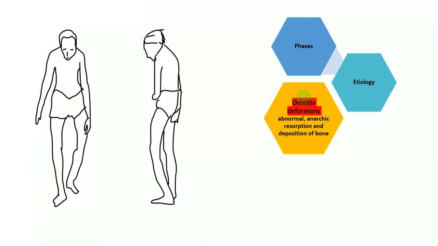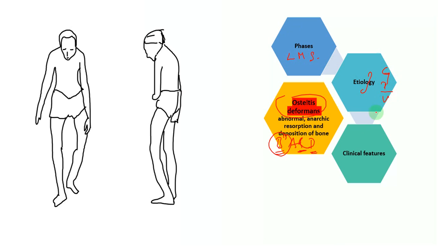So, concluding the video, we started by talking about what is osteitis deformans in relation to Paget's disease. It's a bone disease with abnormal resorption and deposition. The 3 phases, which were lytic, mixed lytic and blastic, and sclerotic. Etiology, mainly genetic, inflammatory, and viral.